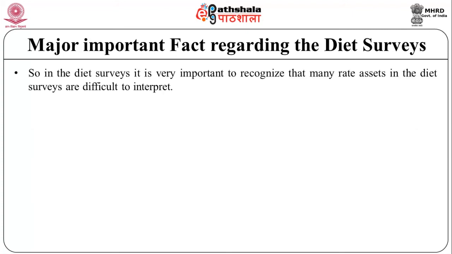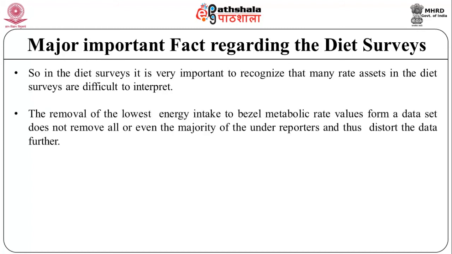So, in diet surveys, it is very important to recognize that the current state of many data sets in diet surveys is difficult to interpret. The removal of the lowest energy intake to basal metabolic rate values from a data set does not remove all or even the majority of the underreporters and thus distorts the data further.